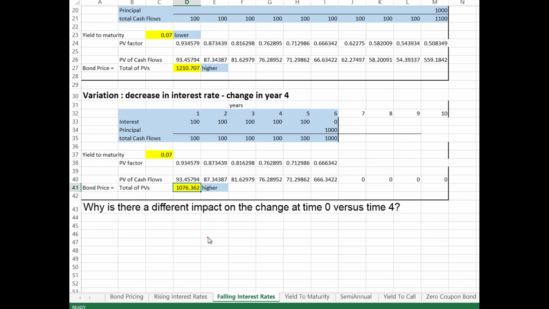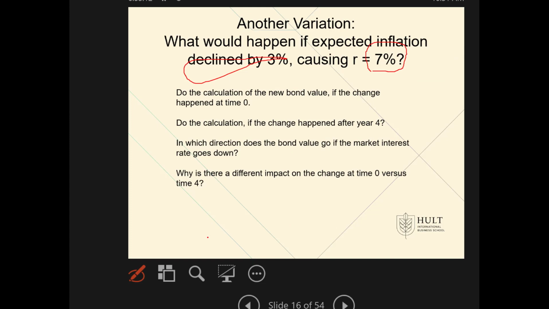So the answers to our questions: in which direction does the bond value go if the interest rate goes down? Answer: up. It's the opposite direction. The bond yield goes down, the price goes up. And what happens if it happens in year 0 versus year 4?